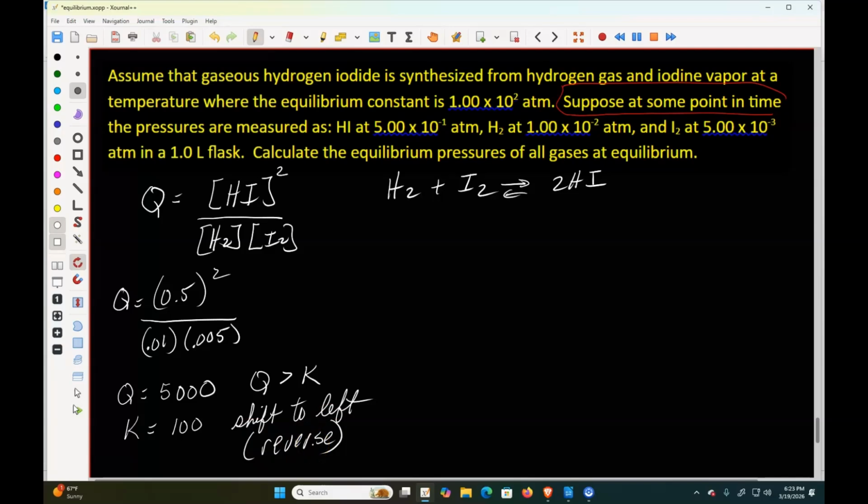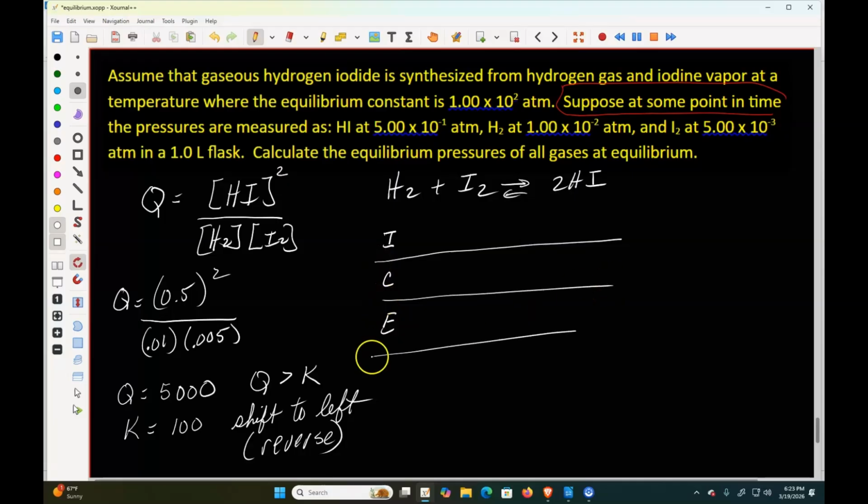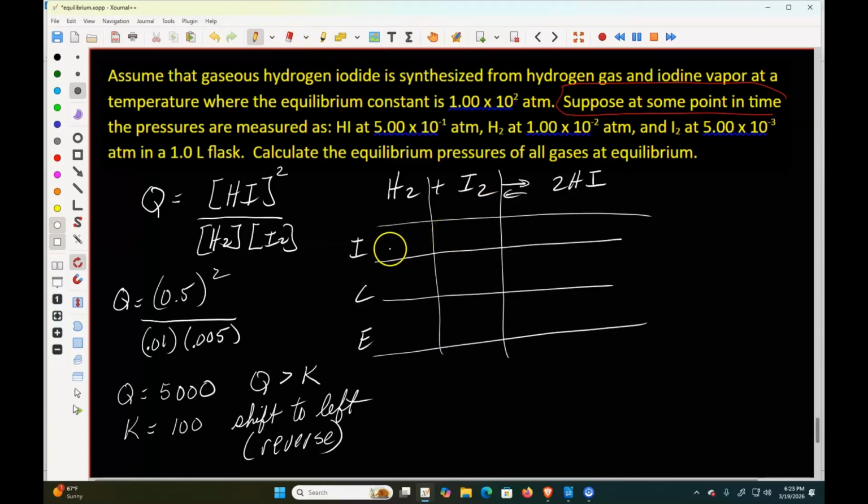All right. So let's go ahead and set up our ice table. This will be done a little differently since it's going in the opposite direction. All right, so initially, this will be 0.01, 0.005, and this is 0.5.